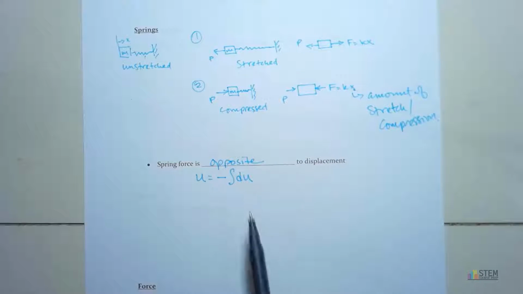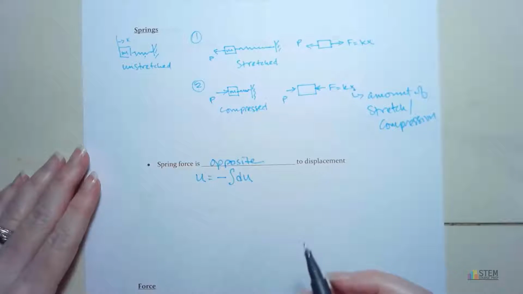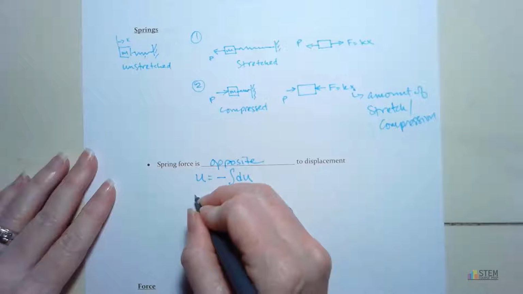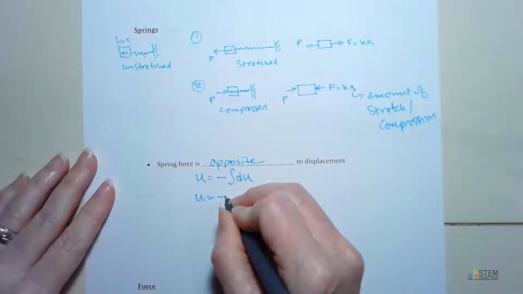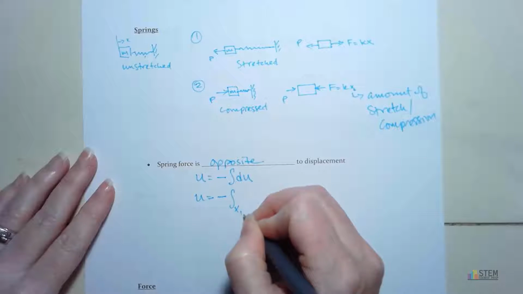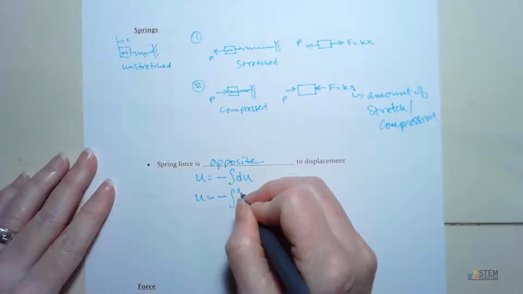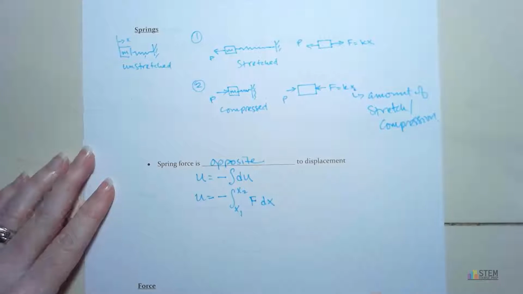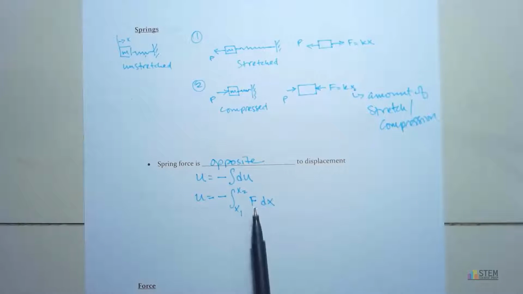And remember, dU was a force dotted with a dr. So in our examples here, everything is in x. So I'm going to say U equals negative times the integral from x1 to x2 of F times dx. All right, so we got our force vector. We're dotting it with that displacement in the x direction.